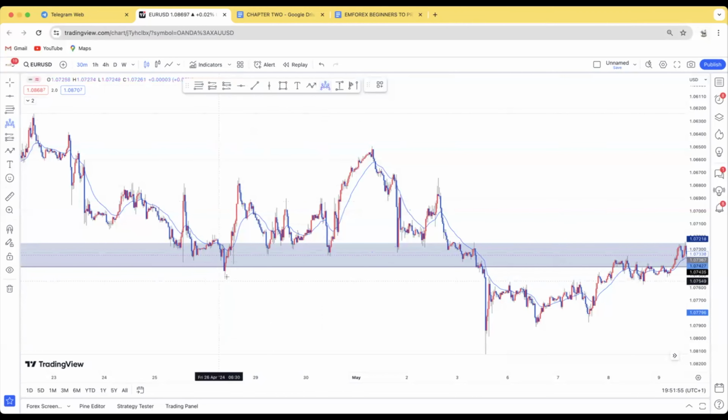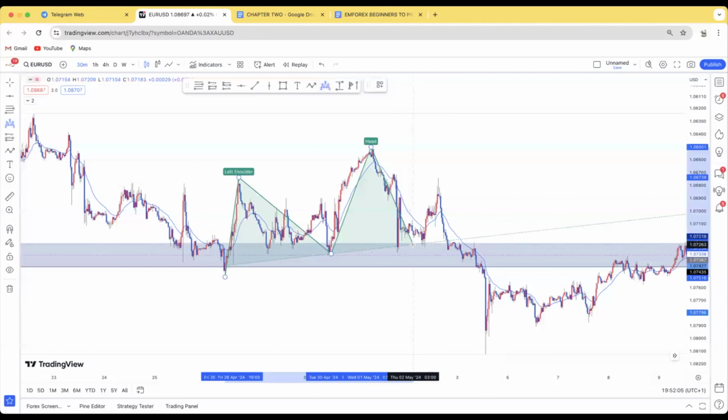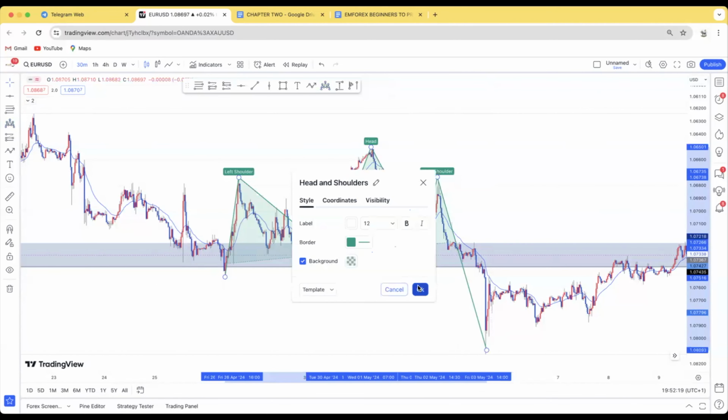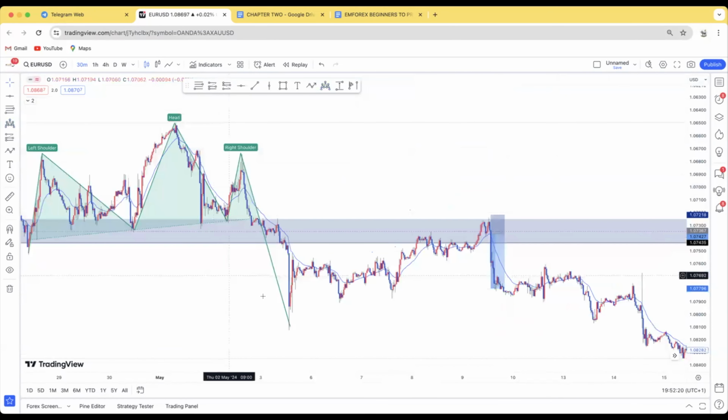I love the head and shoulders formation. You can see it here: left shoulder, neckline, head, neckline, and then right shoulder, and then we expect the massive drop to the downside.